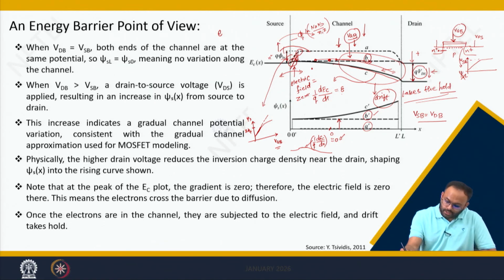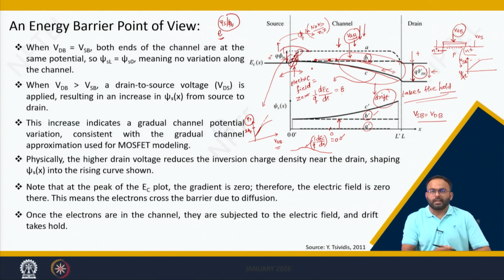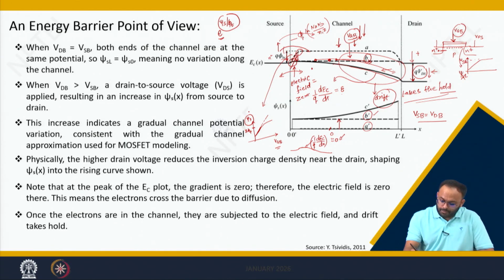So this VGB gives a linear change in the surface potential, and hence the barrier lowering is captured by exponential of psi s by phi t. Because of the linear dependency, I can simply write e to the power of VGB divided by phi t. It means under weak inversion, the drain current is given by an exponential function of VGB.